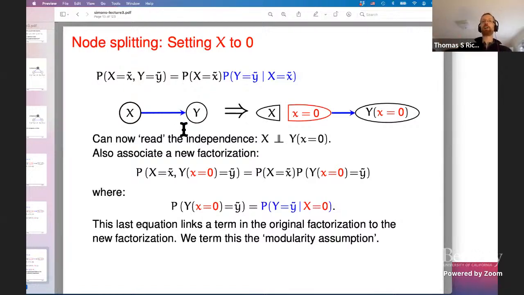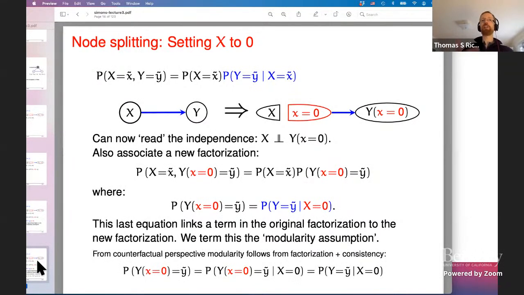But now maybe I want to communicate with biostatisticians who think in terms of potential outcomes, and I want to be able to translate the assumptions that are encoded in my causal graph into assumptions in terms of potential outcomes. And I can do that by crossing a bridge from causal DAGs to potential outcomes by splitting, and then I can use my familiar tools of d-separation and then this factorization to make assertions about potential outcomes that biostatisticians who work with potential outcomes can then use.